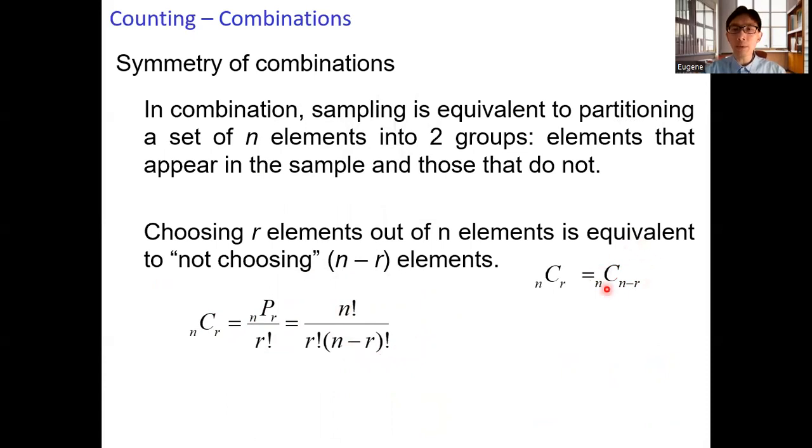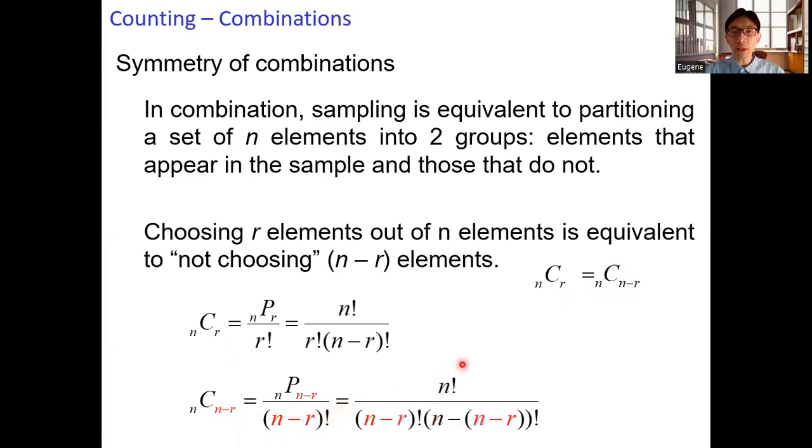How about the simple nC(n minus r)? We simply replace the r in the nCr formula by the expression n minus r. So nC(n minus r) is equal to nP(n minus r) over (n minus r) factorial.